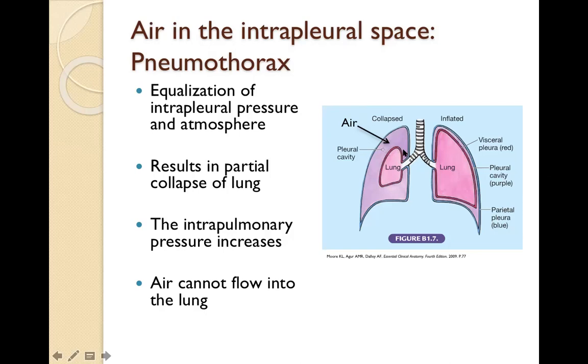And then the second thing that usually happens is whatever is damaged will be repaired. So if there's a hole in the lungs, that area of lung with the hole will be removed so that air can't leak out anymore. But this is really just what happens when there's air in the intrapleural space. It's a bad thing. It can be a dangerous thing, and it's called a pneumothorax.